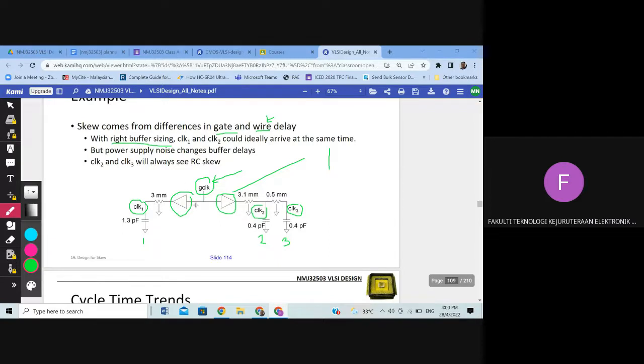So clearly you can see here the longest path is the one to number 3, compared to number 1 and number 2. So clock 2 and clock 3 will always see RC skew. Clock number 2 and number 3 will always see the R and C elements.